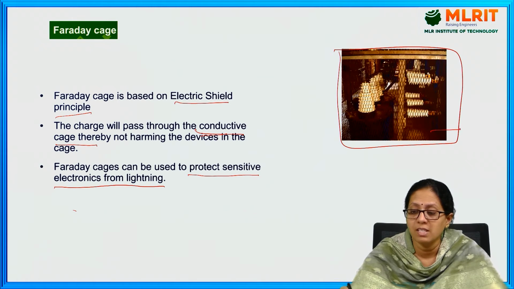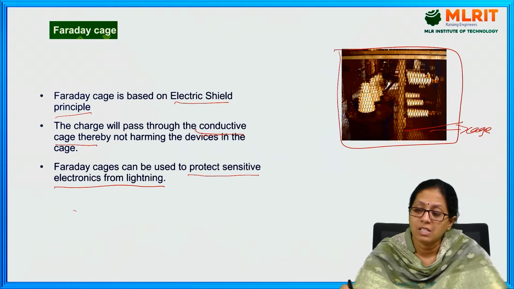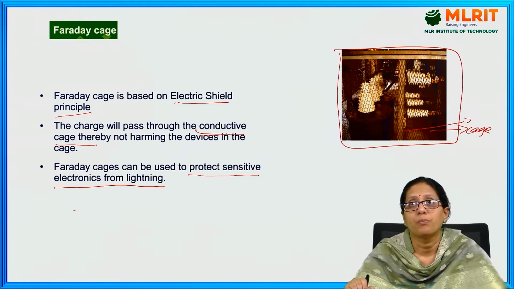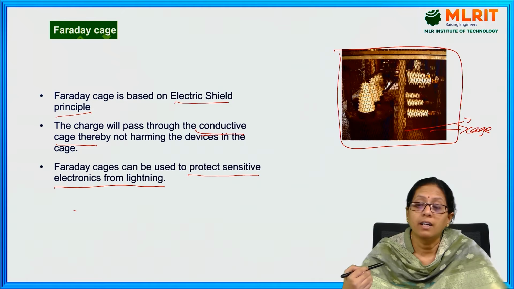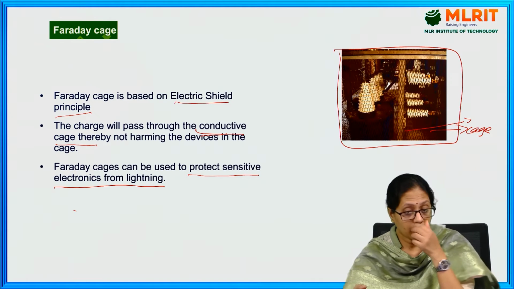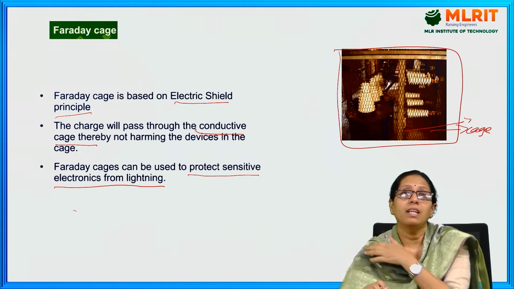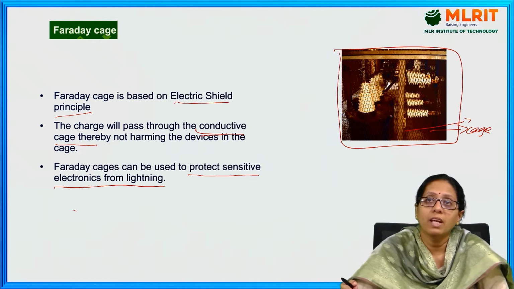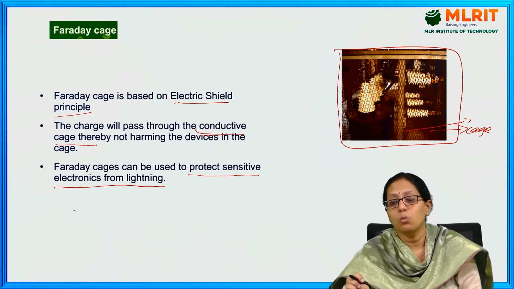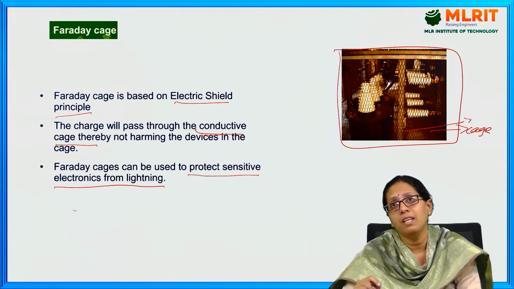You can see this cage, and the high amount of current is passed through this cage, and the current will not flow through the electronic or electrical circuit which is placed inside the cage. So in this way we can protect the circuit which is placed inside the cage.